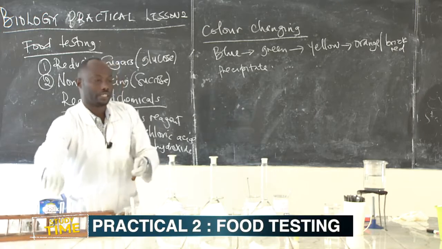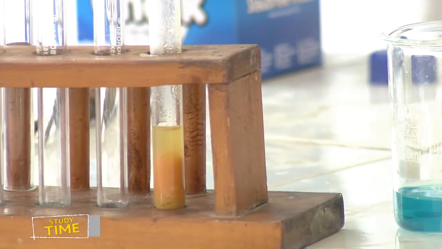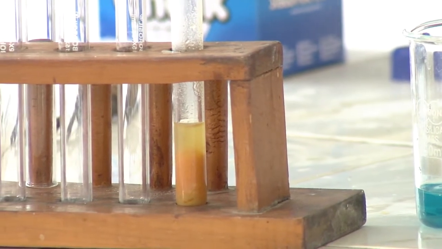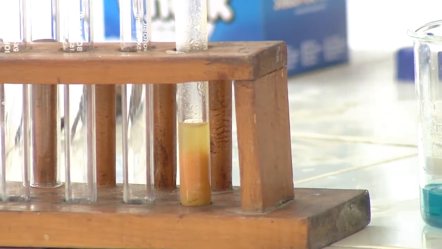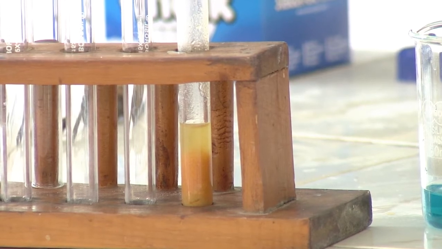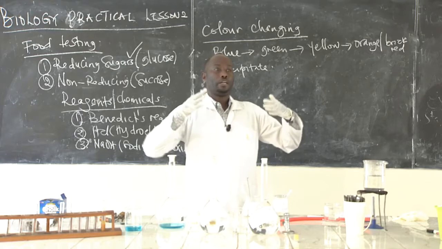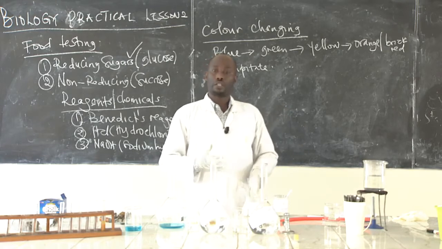The second practical, we are through with the reducing sugars. Let's talk about non-reducing sugars. For the non-reducing sugars, today we're going to use sucrose as a sample. We are going to be testing the presence of sucrose in our sample.